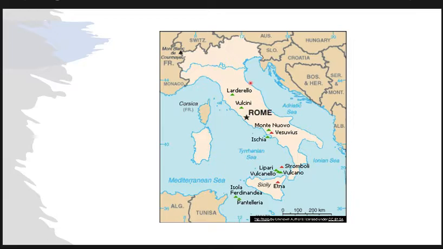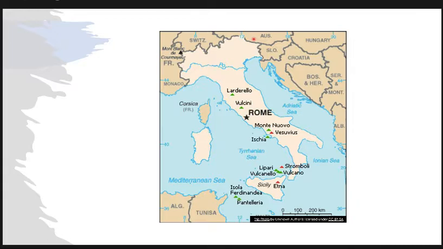Starts with an A, and it's not Appalachian. The Alps. So these are the Alps. You can't see them here, but that's the northern border of Italy that separates Italy from the rest of Europe.